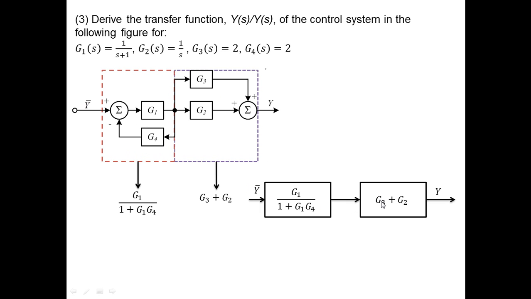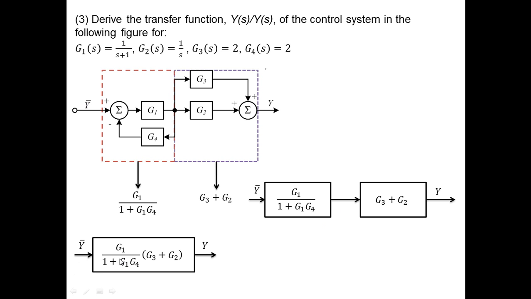Here again we have two series blocks. We can further simplify these two blocks by just multiplying their transfer functions. So the result will be G1 over 1 plus G1 G4 multiplied by G3 plus G2. Now at the final stage, we just need to substitute the values of G1, G2, G3 and G4 in this transfer function.